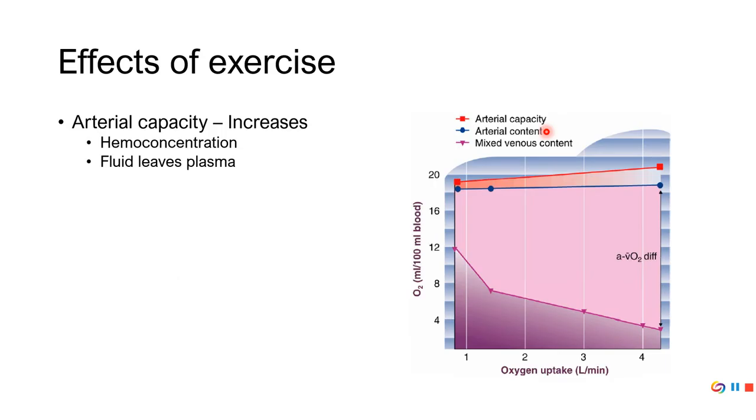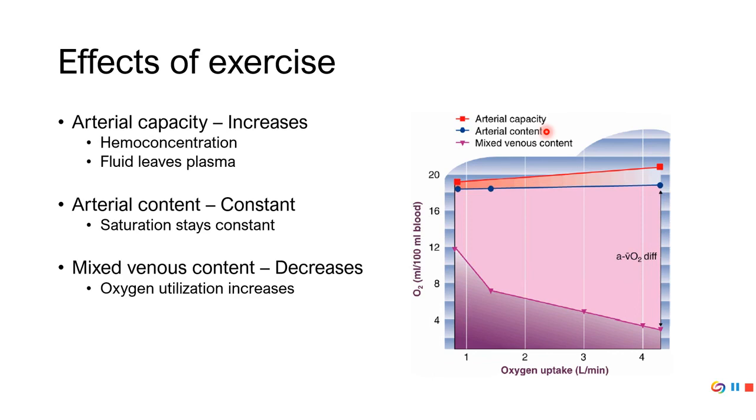Our capacity actually increases a little bit due to hemoconcentration as fluid leaves the plasma and enters the cells or that interstitial space. As a result, we have a greater concentration of hemoglobin. Content stays the same because saturation stays constant. There is a slight increase just because there is a slight increase in the hemoglobin concentration, but it's not a significant amount.